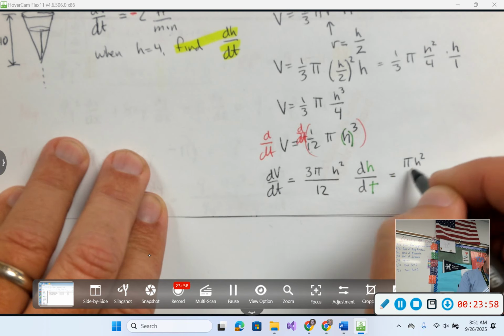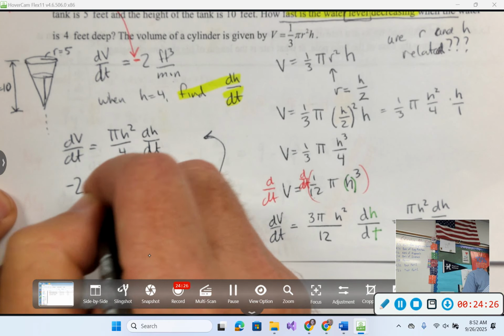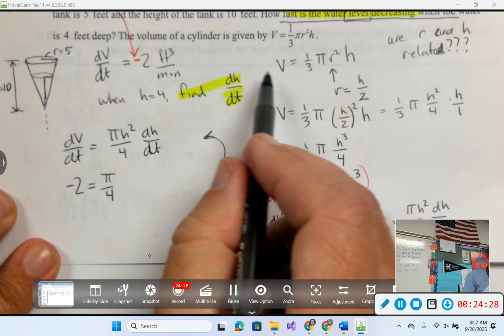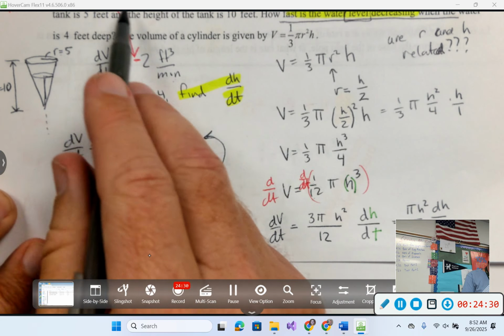Well, running out of room. Let's start over here. dV/dt equals pi h squared over 4 dh/dt. Okay, now let's start plugging things in. We know what dV/dt is. That's -2. Pi over 4. H is, what are we using for H?